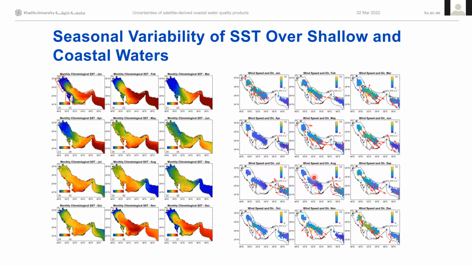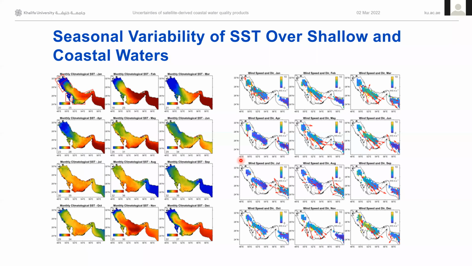At the end, we also wanted to check the variability of the SST at regional scale, not really at these field stations. So we mapped the SST for the 12 months from January to December, and also mapped the wind speed, and later on I will show you the zenith angle and the azimuth angle.